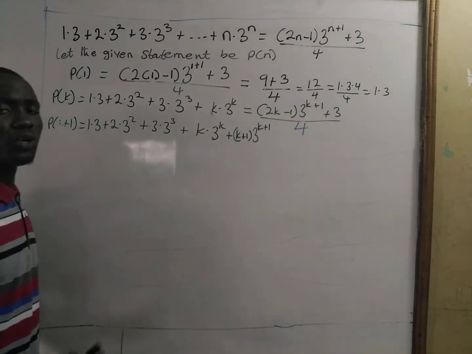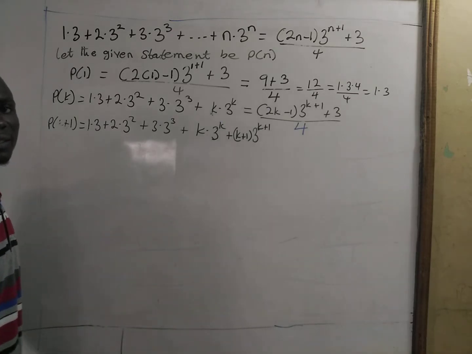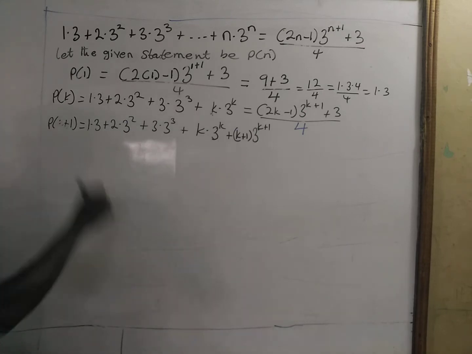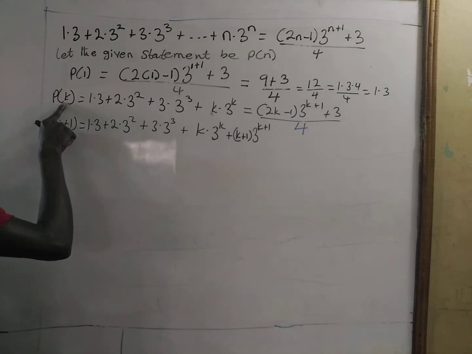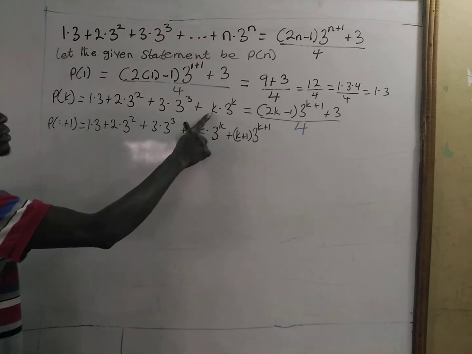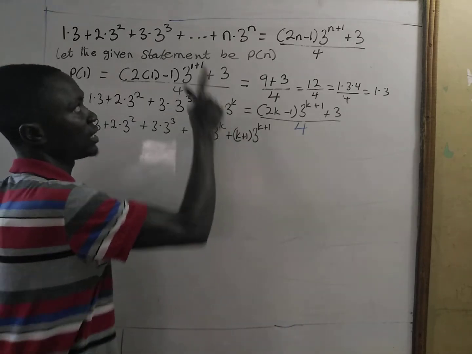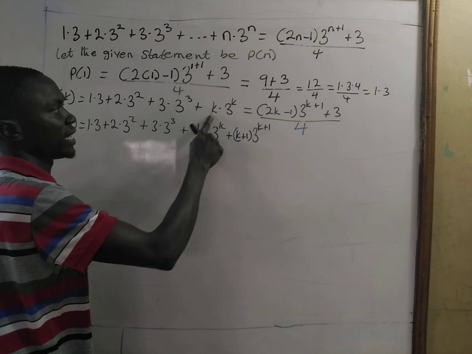Okay, now we let Pk be true for some positive integer k. Now we take Pk, and that is we sum from 1 times 3 up to k times 3 to the power k. That is whatever you see n, you put there k.